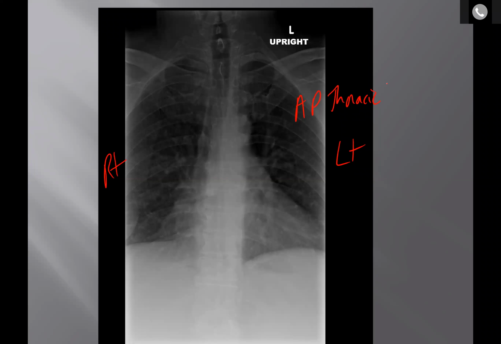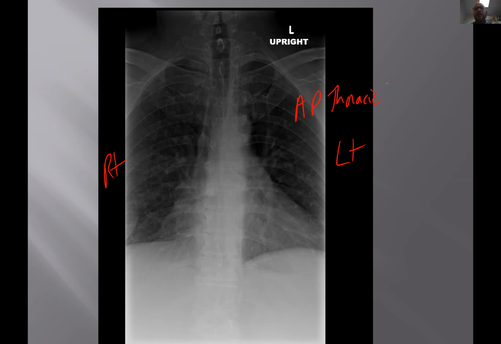Guys, this is worth the whole price. I don't know what you paid to be here for an hour, but this is worth the whole price of admission. Do not call cardiomegaly on an AP thoracic film. It's got to be ridiculously big to call it. Otherwise, call it only on a PA film.